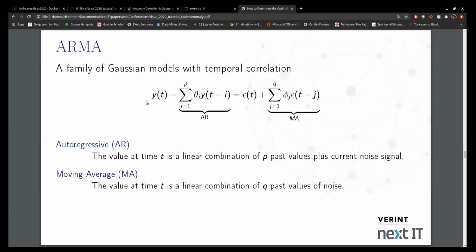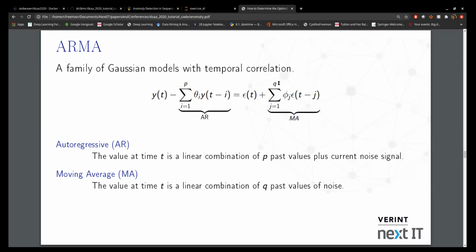Now, ARMA models are often referred to by their order. So a model with one autoregressive term and two moving average terms would be called ARMA 1, 2. This simply means that P is 1 and Q is 2. In time series forecasting, low order models tend to be preferred for simplicity.